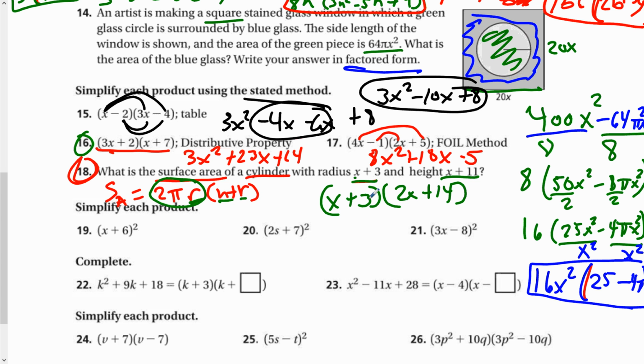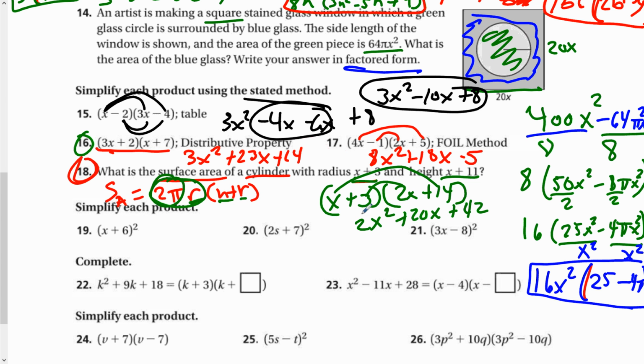So when I multiply this out, I get a 2x squared. I get a 14x and a 6x. That is a 20x, and 3 times 14 is 42. Now I have to times it by 2 pi.